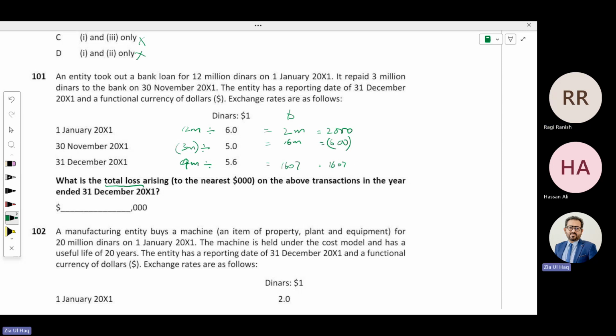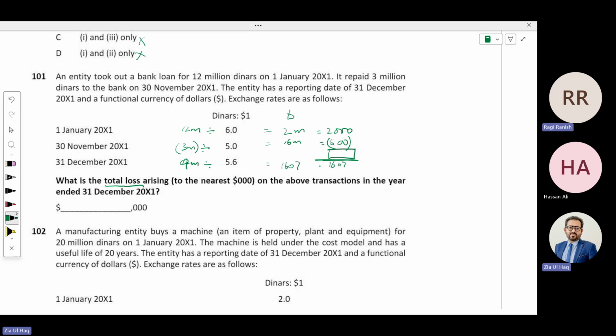In simple words, to the nearest 1,000, it's 1,607. So this is what you are having, and this much you lost. The value known at the end.